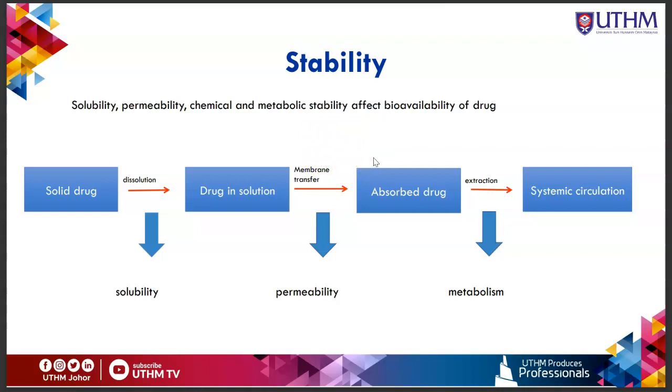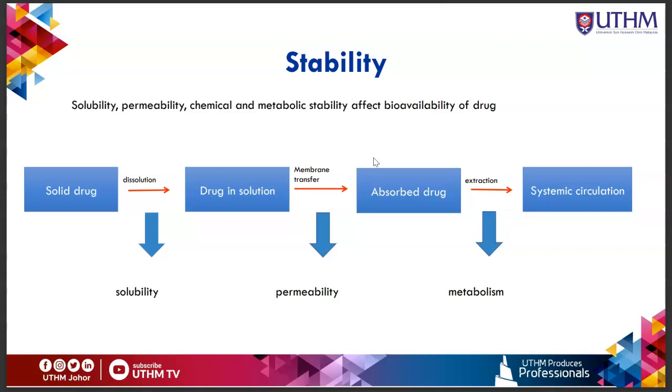It involves considerations such as degradation, the oxidation, the susceptibility of the drug to environmental factors like heat, light, and moisture. And it is significant for us to know the stability of a drug so that we are able to formulate a product with a suitable shelf life.